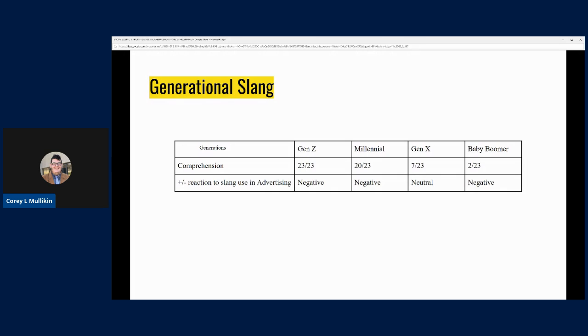But the big thing is that these companies that try and use this slang could accidentally offend people. Baby boomers really felt that it was excluding them. And Gen X was more fine, but keep in mind, when we looked at that population, when we looked at that workforce, the majority of them were Gen Z and millennials.